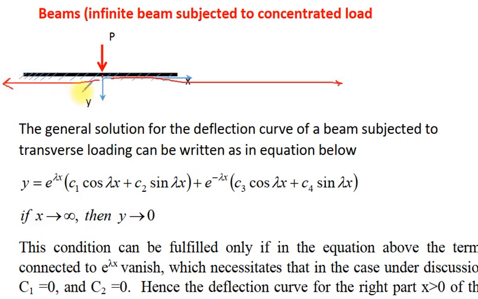Here is the maximum deflection at the middle, and at infinity it will be equal to 0. This is the first boundary condition: the deflection of the beam equals 0 as x approaches infinity.